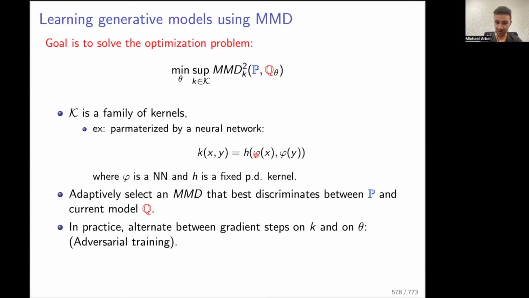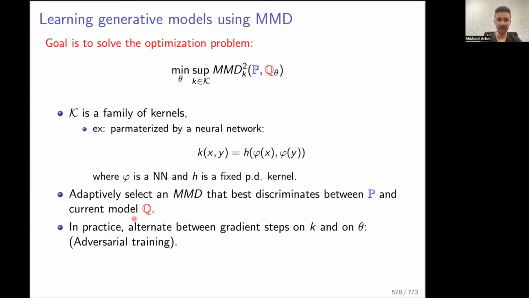And the parameters of this neural network would be what defines the family of kernels. So these are all positive definite kernels by construction. And the goal would be to find the neural network or the kernel that maximizes the MMD between the data and the current model.